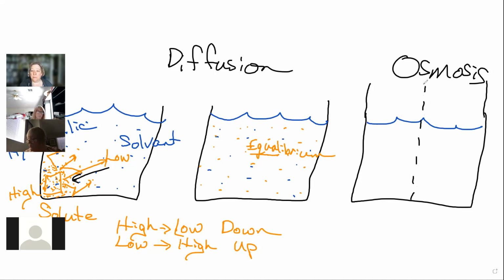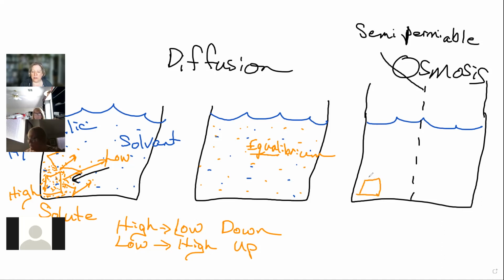This barrier is what we call a semi-permeable barrier. Semi means partial. Permeable means you can get from one side to the other, you can permeate. So it means some stuff is going to get past this barrier and some things won't. Okay, so let's go ahead and drop my sugar cube in there.